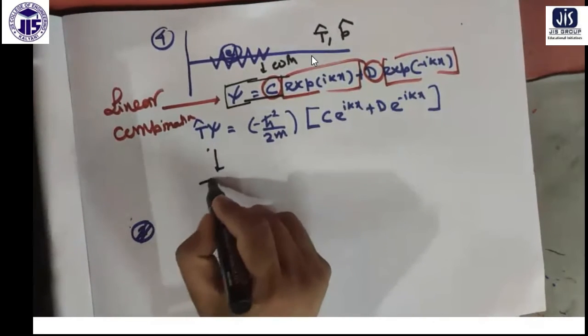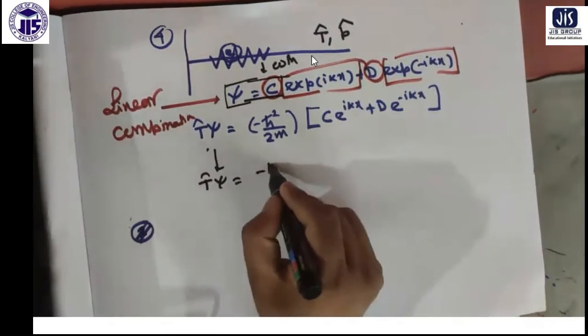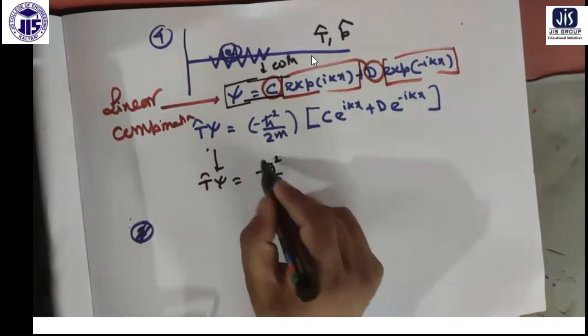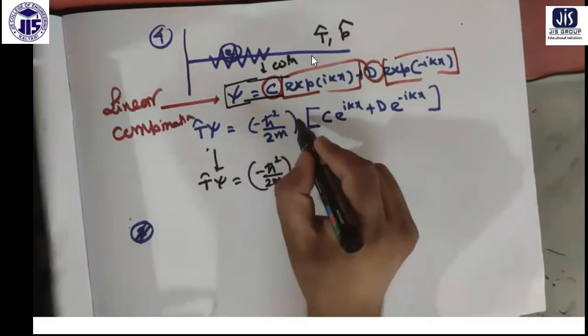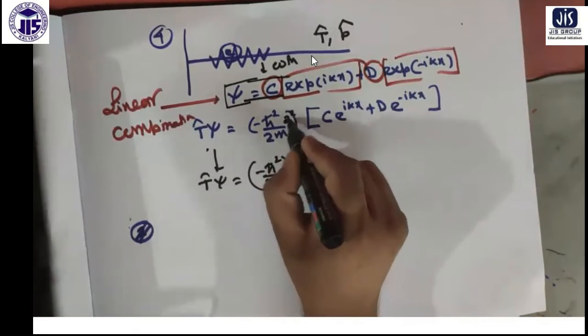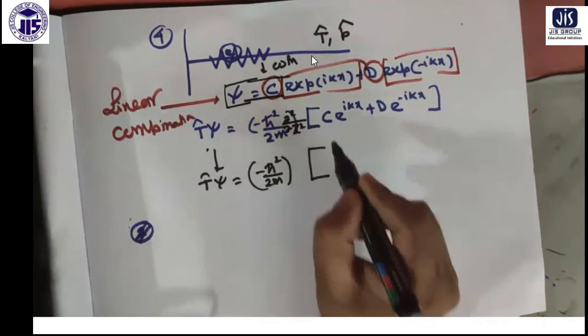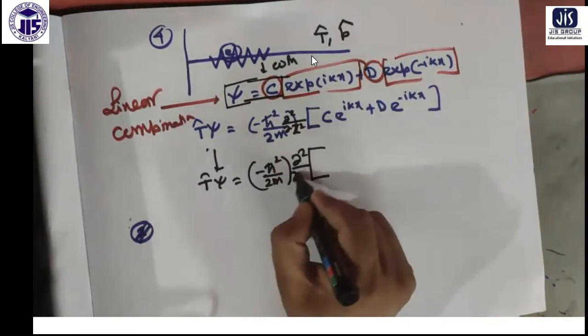If you operate T on psi, you get minus h cut square by 2m times the double derivative d2 dx2 of this quantity.